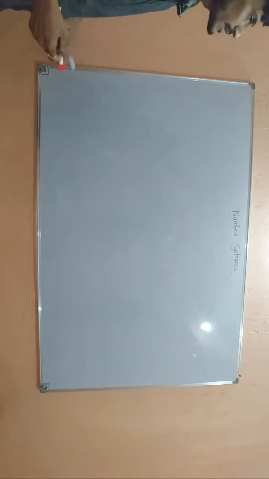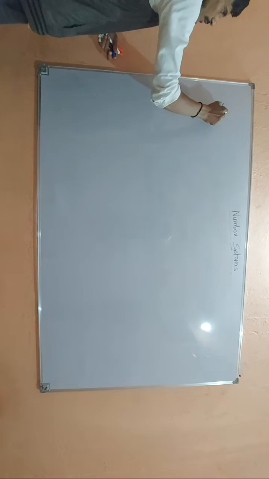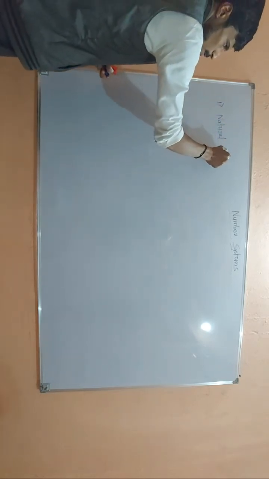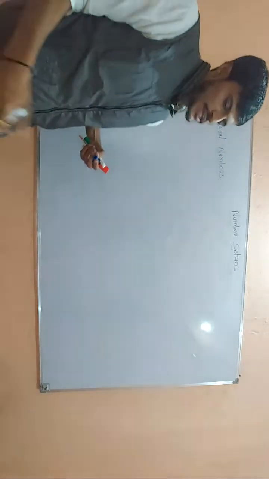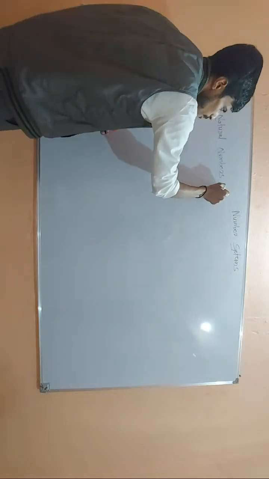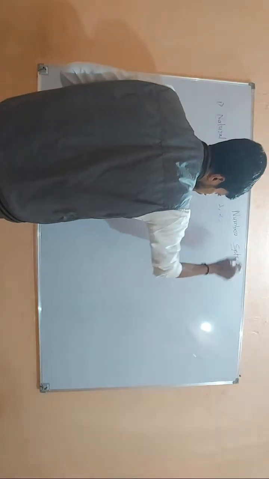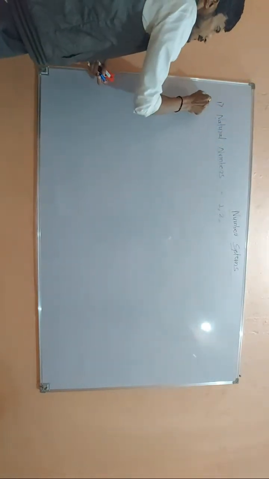First of all, the first one, natural numbers. Generally, the natural numbers start from 1 and go towards infinity. So natural numbers, 1 to infinity.